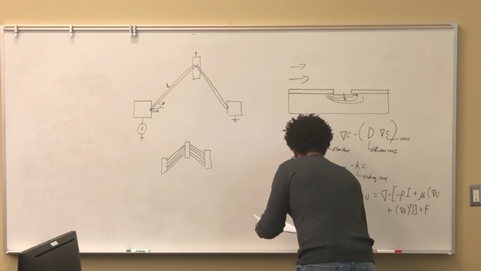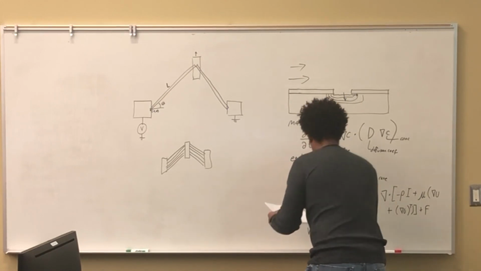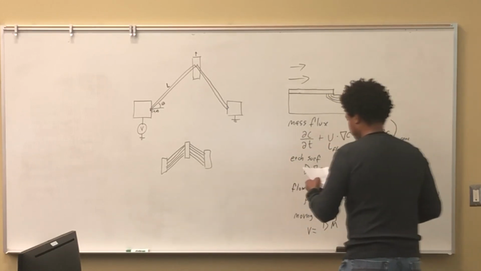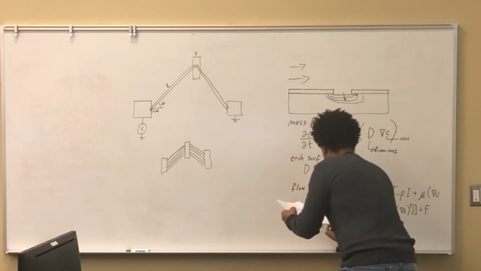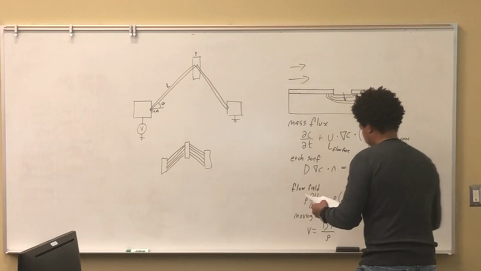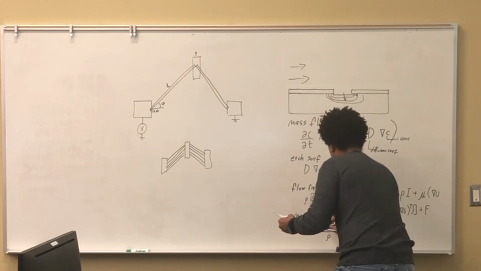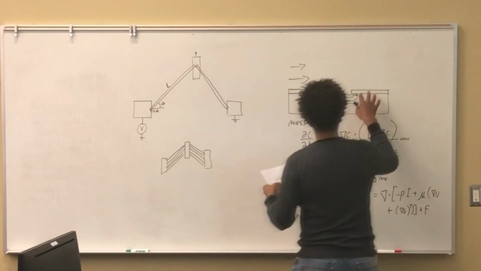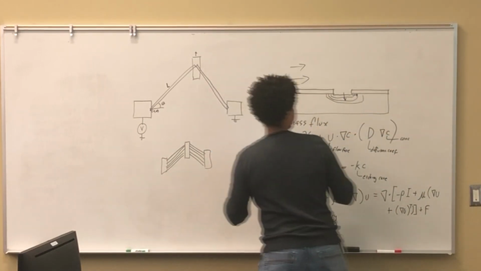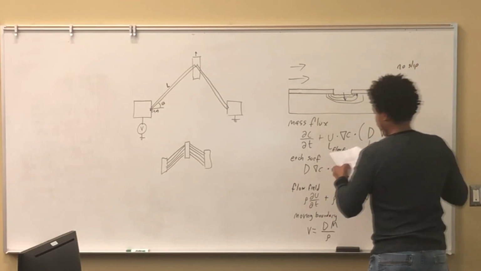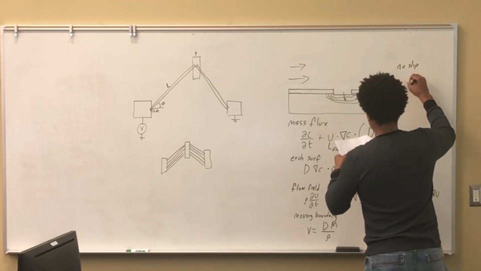So there is a velocity of that moving boundary, and that equals d, which is the same d above. M right here is the molar mass, and this right here is the density. And last equation, there's a no-slip type of condition that we'll enter in, and that's just this right here, rho.